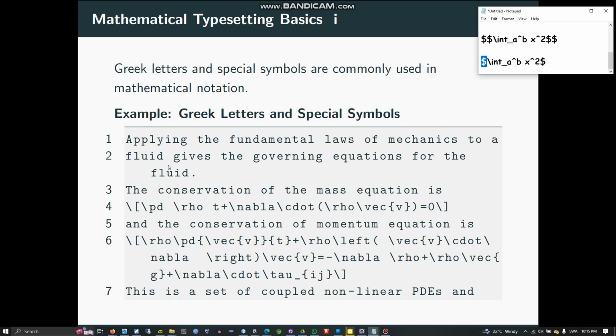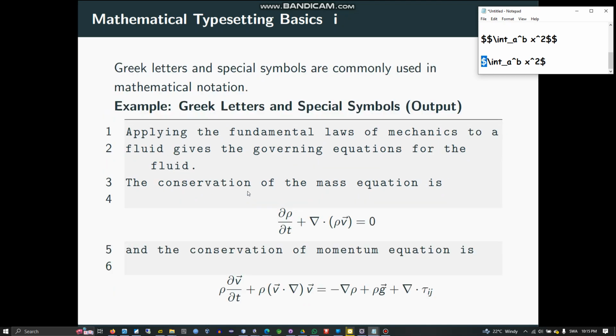So, for instance, in this sample document, we have PD. Don't worry about this PD. We have the rho, the nabla, the cdot, the vec. Now when we compile that one, this is what we get.